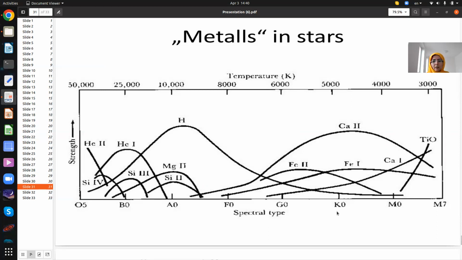For example, in a K0-type star, we have calcium II, a little iron, iron II, iron I, and the other elements, as you see here. It is the spectral type of stars for each type of star: O, B, A, F, G, K, M, N. And here is the amount of the elements in the different spectral types.